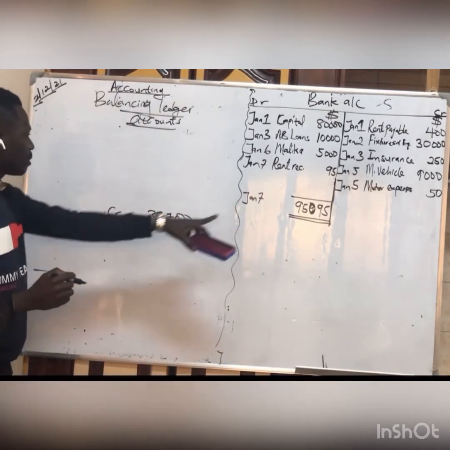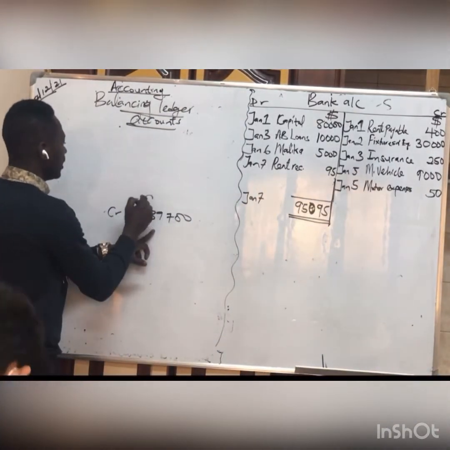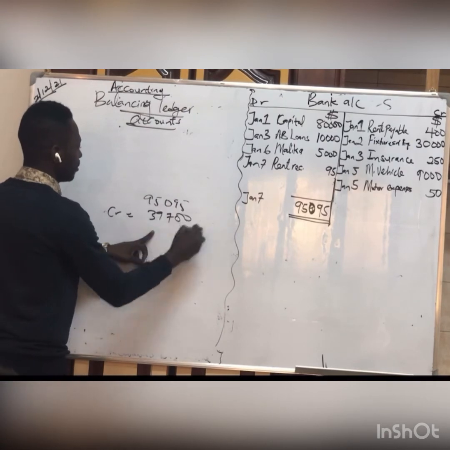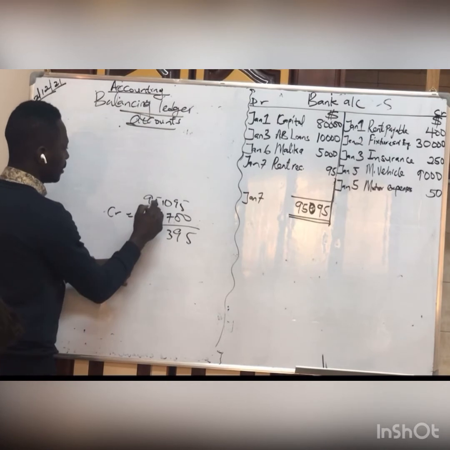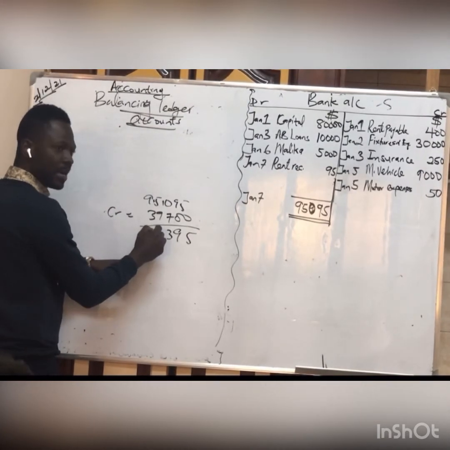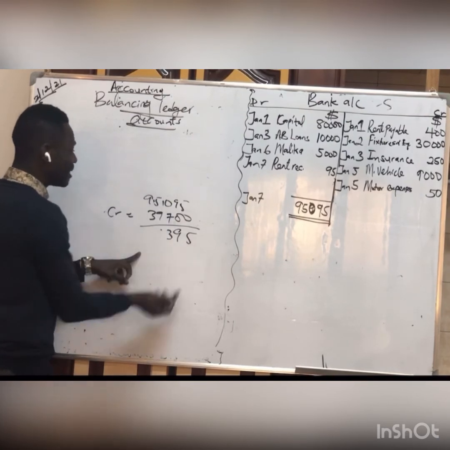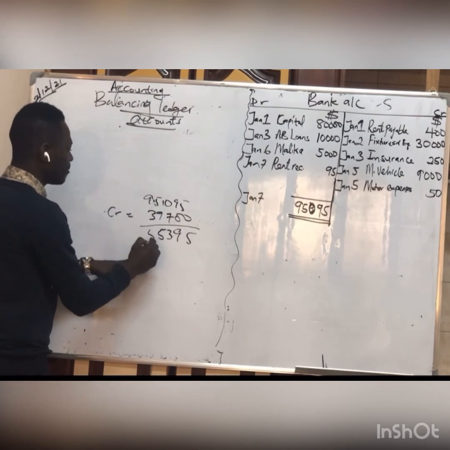Now take this away from that for me, please. What's the difference between this and 95,095? 14 minus 9, 5, right? Then we have 8 here, right? 8 minus 3, 5.